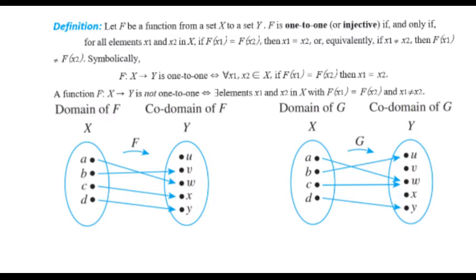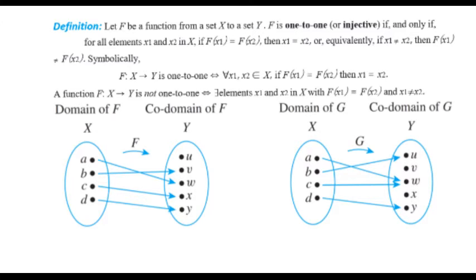Okay, so after defining the function, we define a few properties of functions. First, we start with one-to-one functions. So let's assume that f is a function from set x, the domain of f, to set y, the codomain of f.